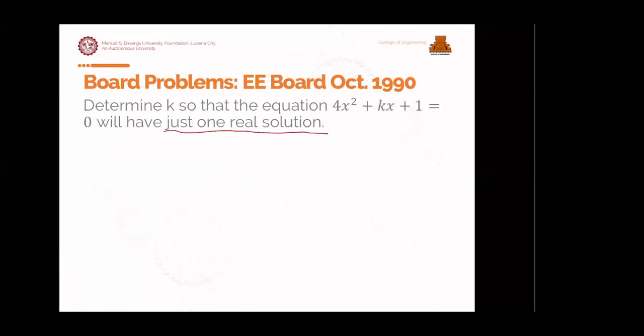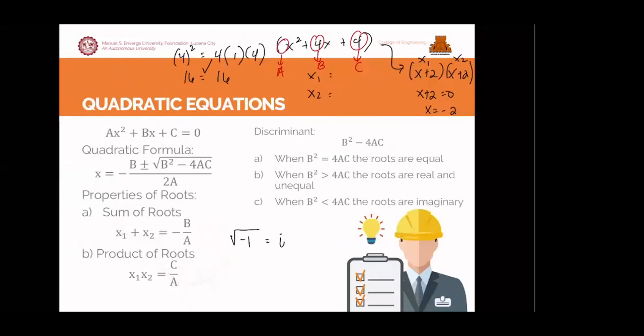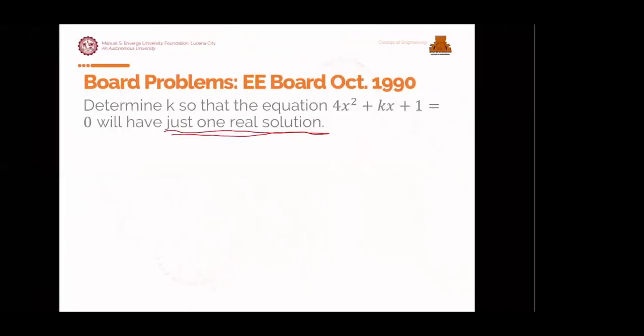Based from dun sa tatlo nating conditions kanina, saan siya magpo-fall under? A po. Okay, sa A, kasi roots are equal. Kung equal siya, ibig sabihin, isa lang yung value niya. Dalawa lang naman yung root na pinag-uusapan natin. So, gagamitin natin mamaya yung condition nung A na b squared is equals to 4ac.